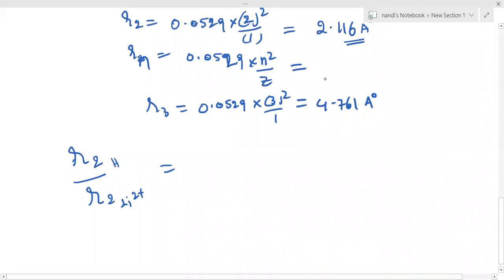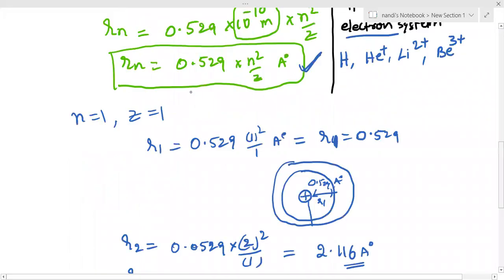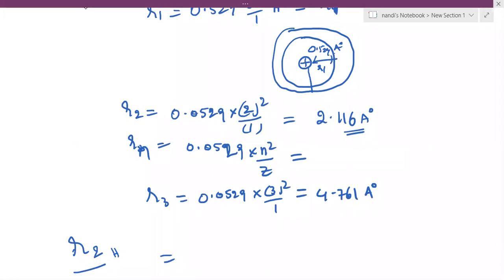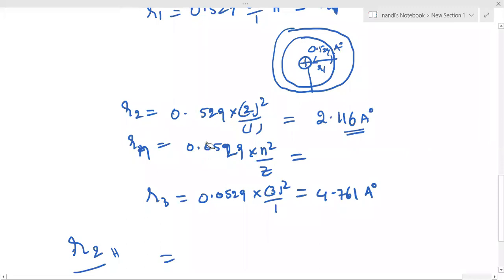Wait, I may have made some mistake here. This R value 0.529 is correct. Please note down, 0.529 is correct.